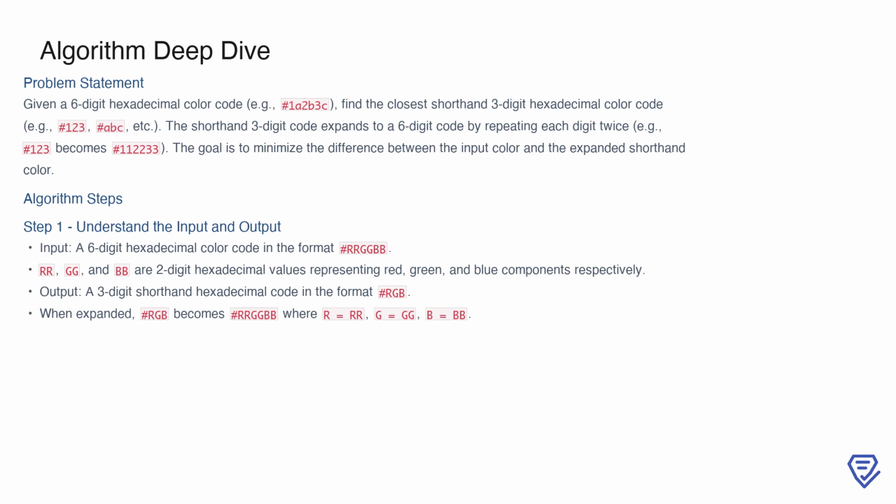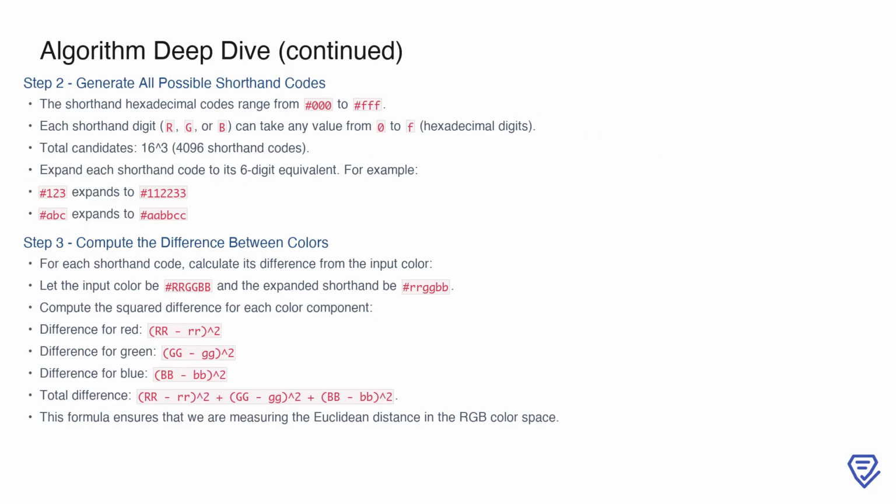This problem essentially requires us to minimize the distance between the input color and the expanded shorthand color by choosing the best shorthand representation. To solve this problem, we start by generating all possible shorthand hexadecimal codes. Since each component of the shorthand code, red, green, and blue, can range from 0 to F in hexadecimal, there are 16 values for each digit.